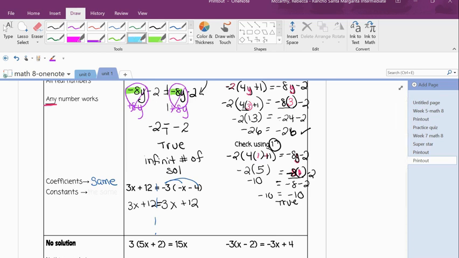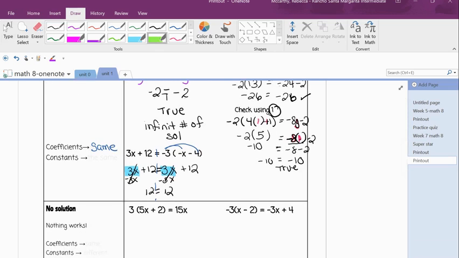Again, notice that my coefficients are identical. Those coefficients, which is the number in front of the variable, are identical. When that happens, I know if I subtract 3x from both sides, because I'm moving them to one side, they will disappear. I have 12 equals 12.